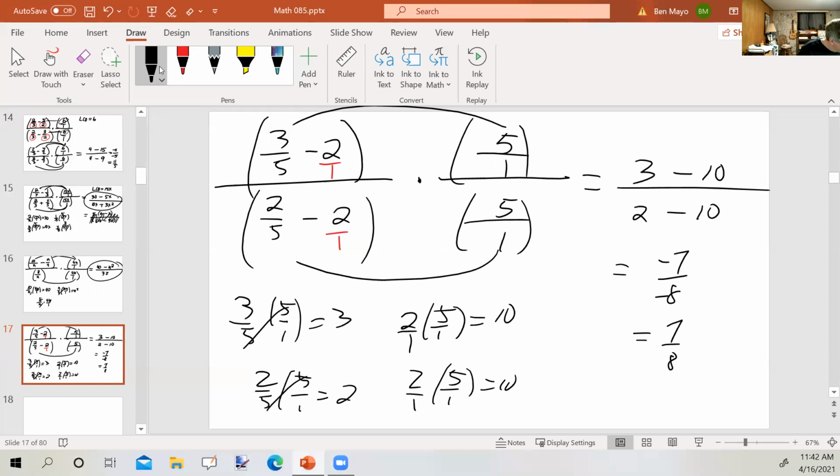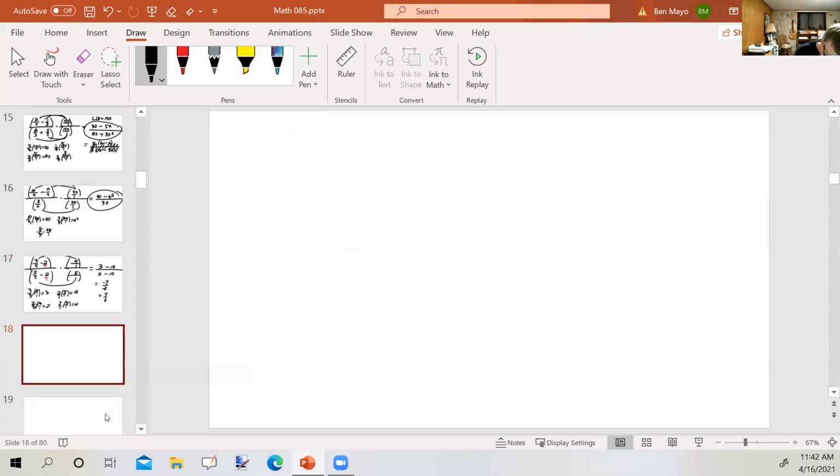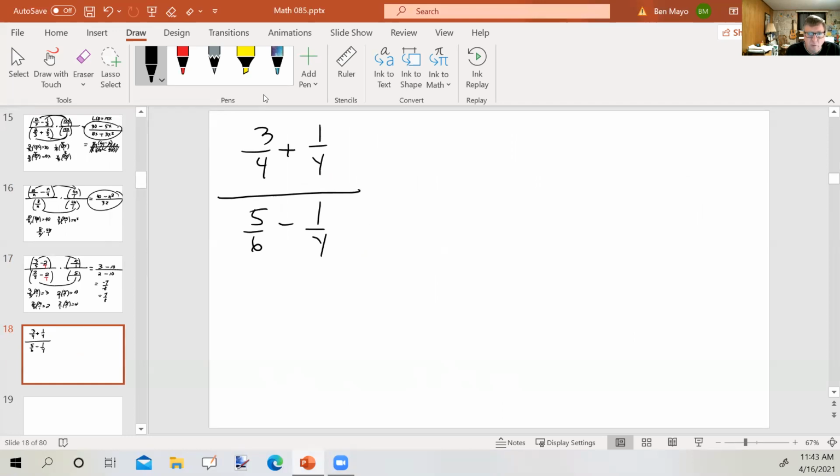All righty. Let's see here. We've got 3/4 plus 1 over y divided by 5/6 minus 1 over y. So the least common denominator of 4, y, 6, and y would be 12y.